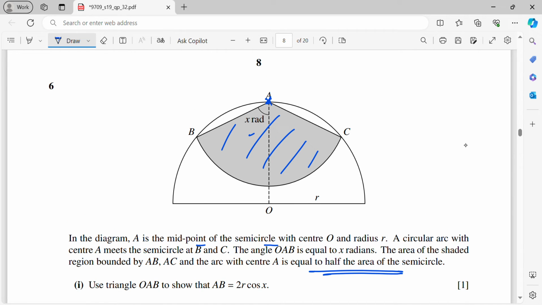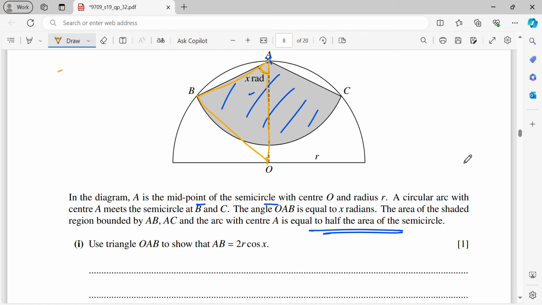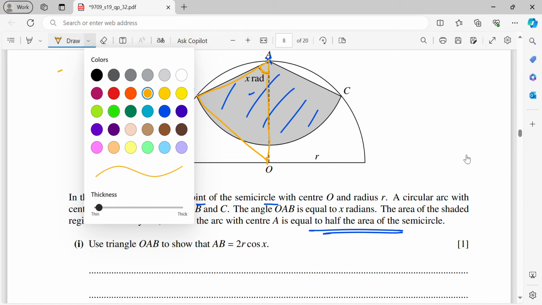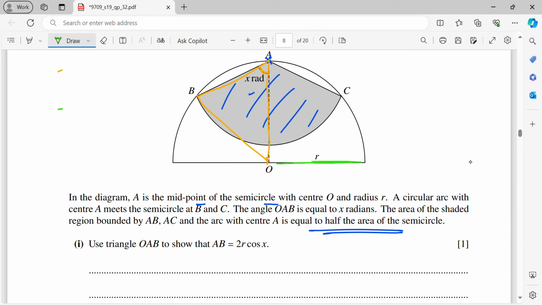So now here, use triangle OAB, which means you need to join. Given this is x radians, we know that this is radius r.